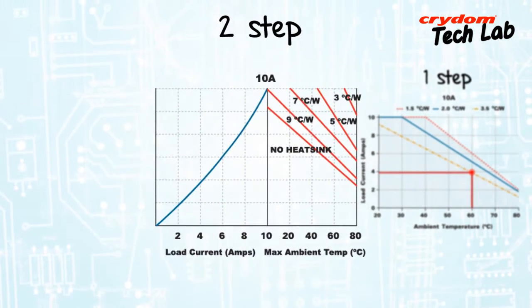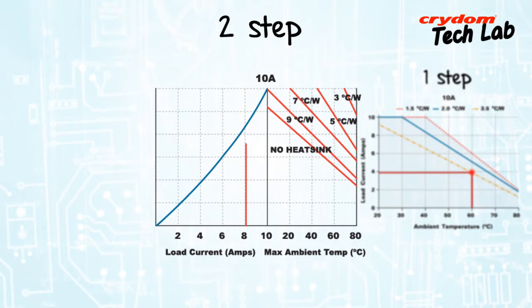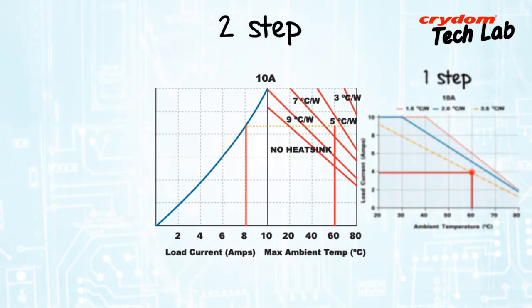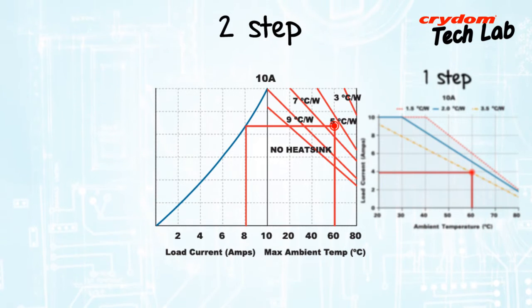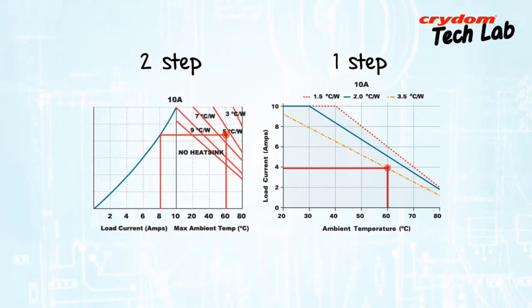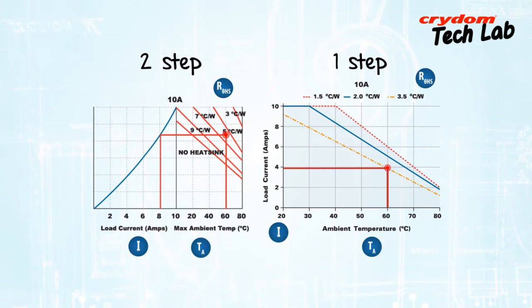This same behavior can also be read in two-step charts by following the selected load current to the right side of the chart and choosing a heatsink that will allow achieving that rating in a given ambient temperature. Either of these two charts is a simple, straightforward, and convenient means to coordinate the three main variables of allowed load current for a given heatsink and ambient condition.